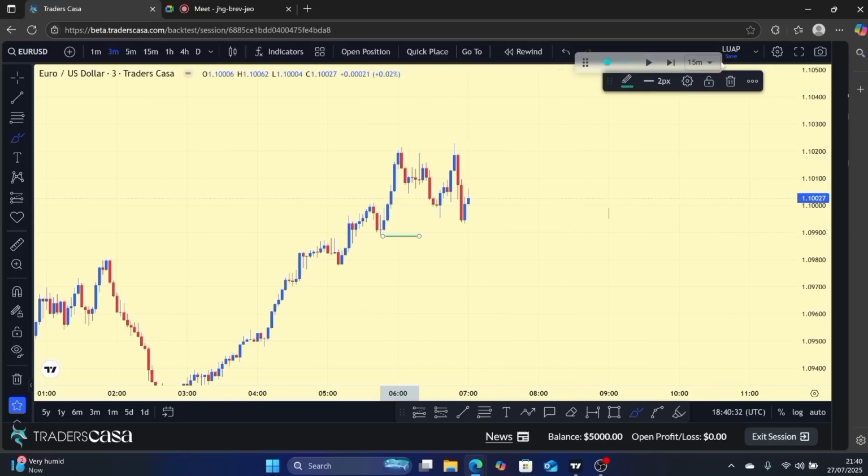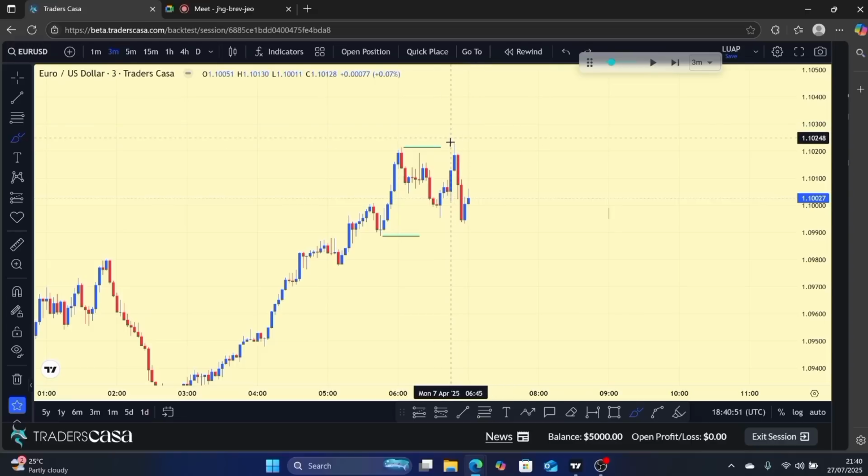All right, exactly right here. And if you clearly remember, I said that we usually mark this high, and you can see price has broke past that with a wick.